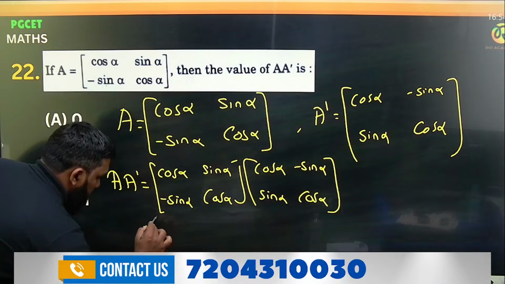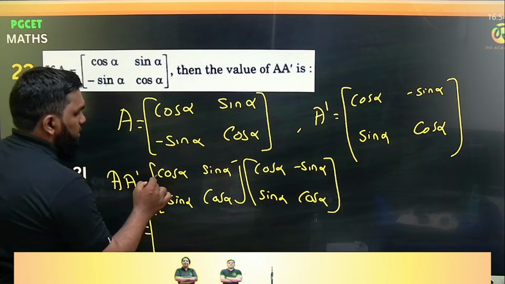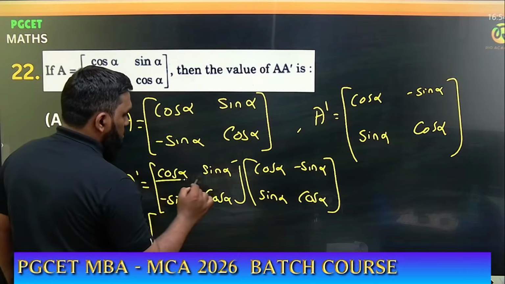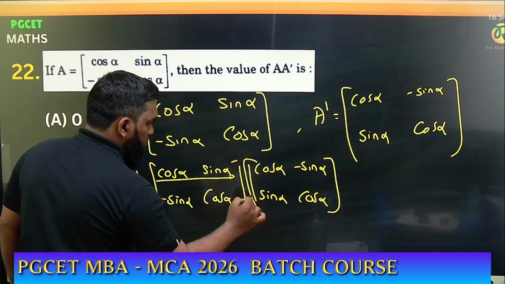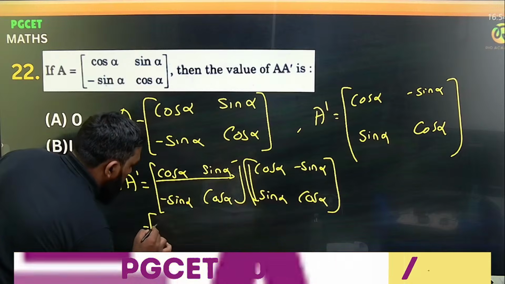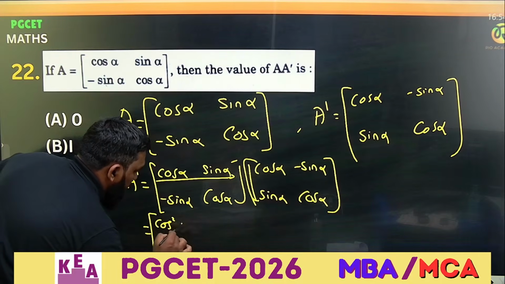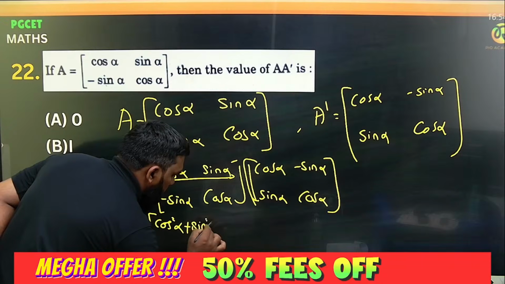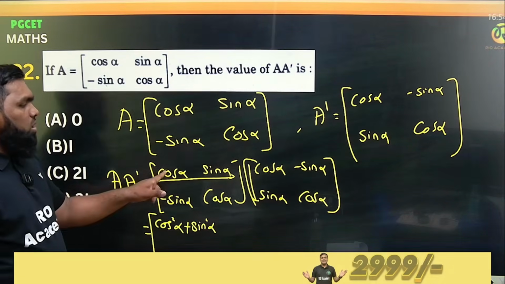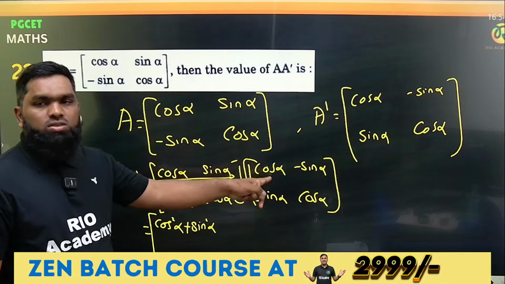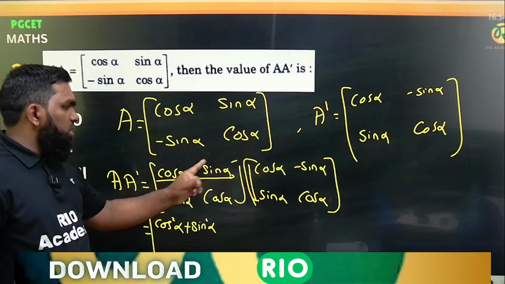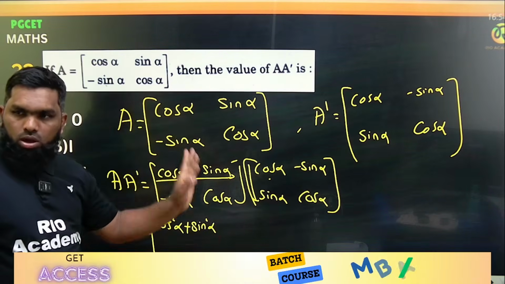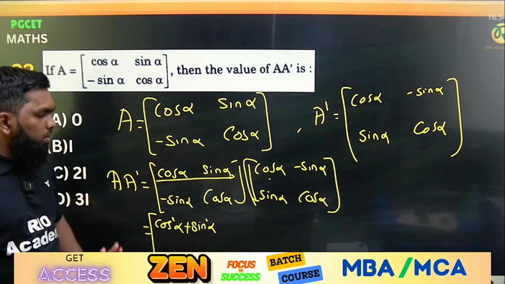Now the simple way: first row with the first column. Cos alpha into cos alpha, cos square alpha, plus sin alpha into sin alpha, sin square alpha. Many people multiply cos alpha into cos alpha and sin alpha into sin alpha in the wrong way, which should not be done.